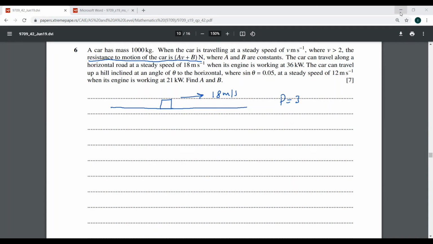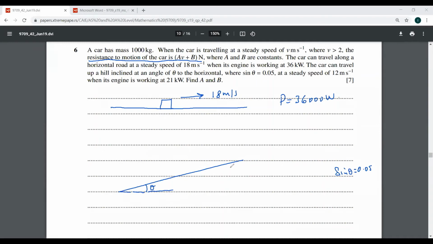Okay, so the power over here is 36,000 watts. The car can travel up a hill inclined at theta, and we're given that sine theta is 0.05.